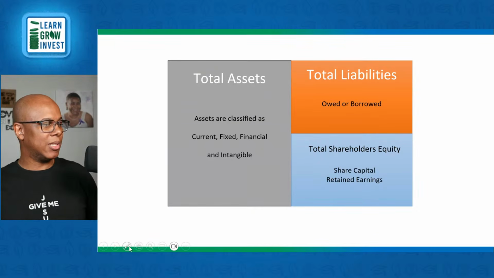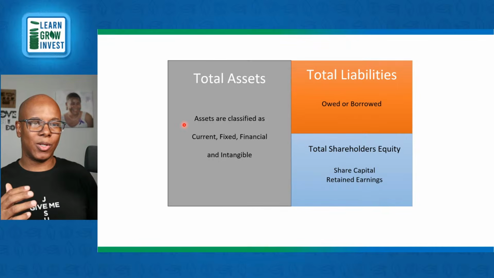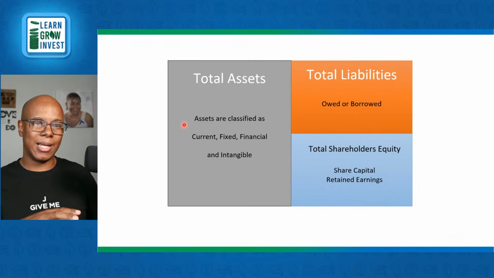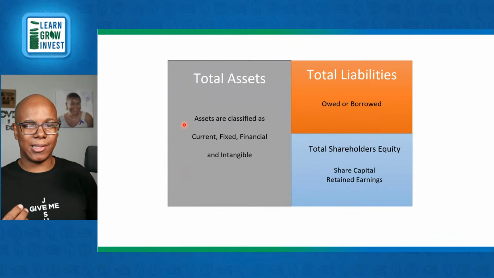So you notice here that we have liabilities over one side, and assets over the other side, and assets are broken down into 2 categories. We have non-current assets, which are your fixed assets. These are things like buildings, things that the company will use past a year. Then you have current assets, which are things like cash or inventory, things like that, right?